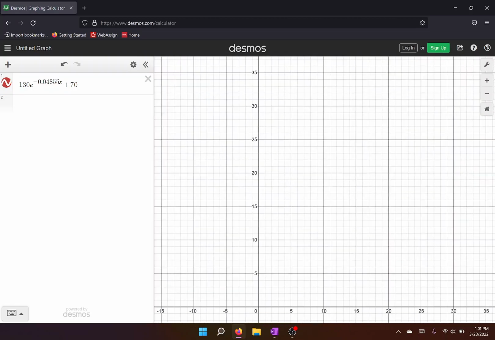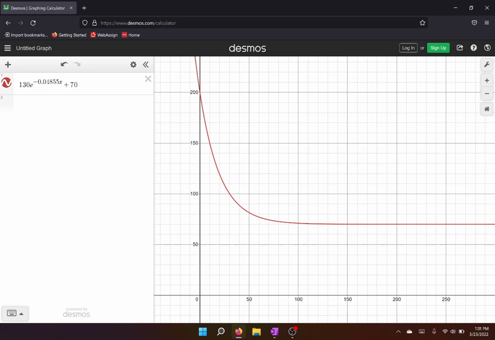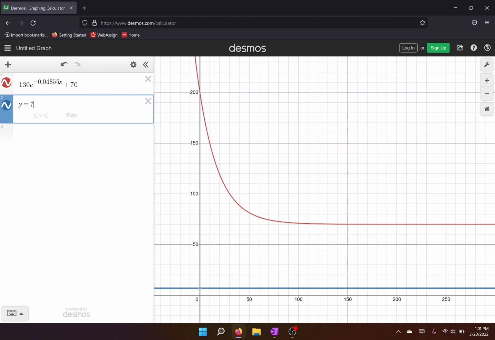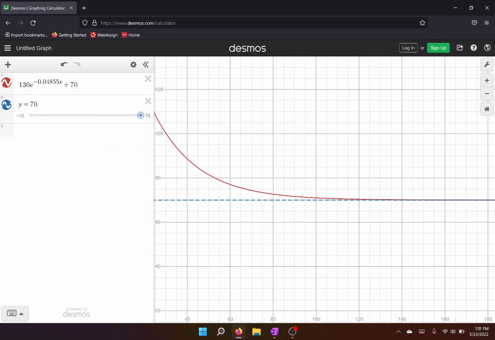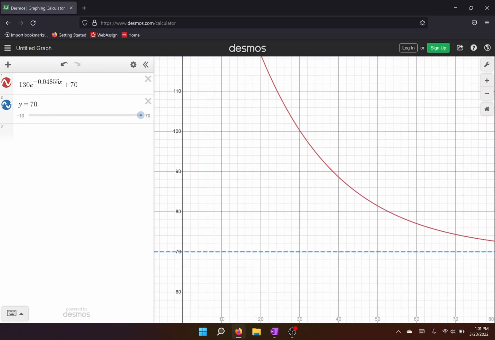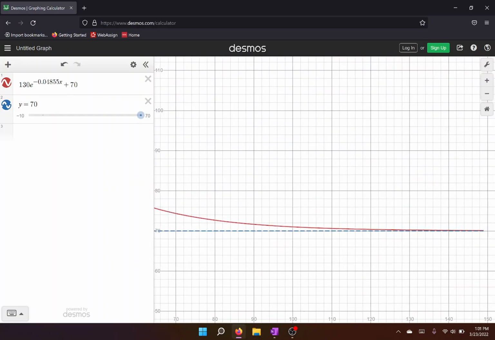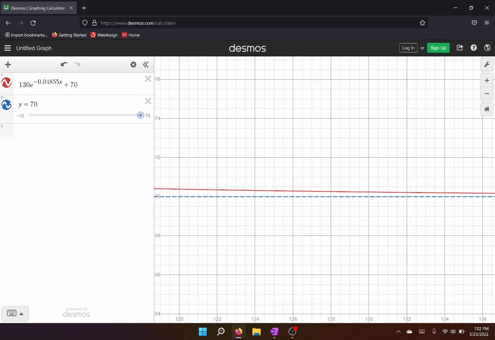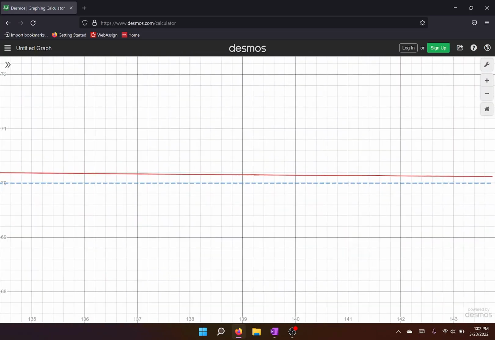And I will zoom out here. And there is what we would expect to find, a decaying exponential. And then if I graph y equals 70, notice that is going to be the asymptote here that we were looking for. So I'll just zoom in here a little bit. And that looks pretty good to me. And like I said, if you just scroll to the right, notice it's going to approach 70 degrees. But it never, ever gets below 70 degrees.